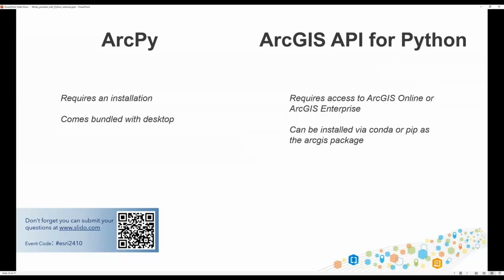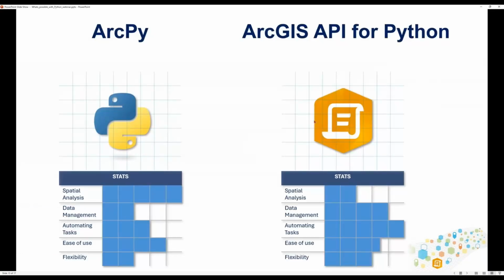And in terms of the relative differences between the 2, ArcPy's big strength is the access to all those spatial analysis tools, but it also works well for some data management and automating tasks, and it's relatively easy to use.